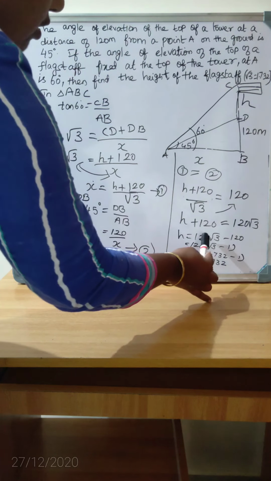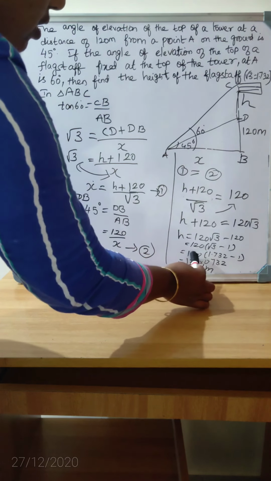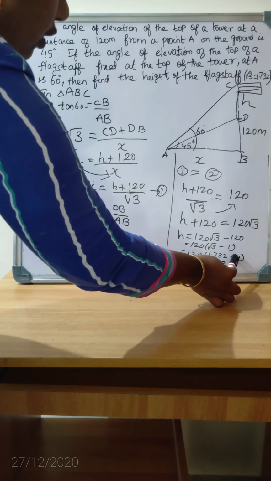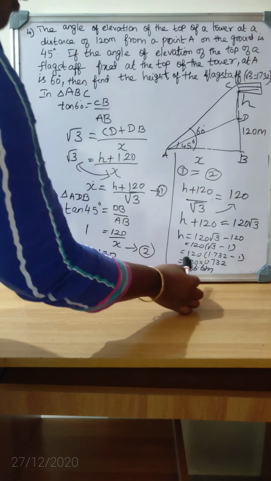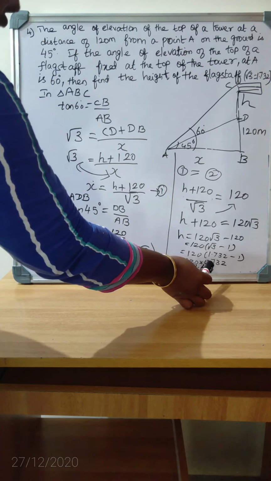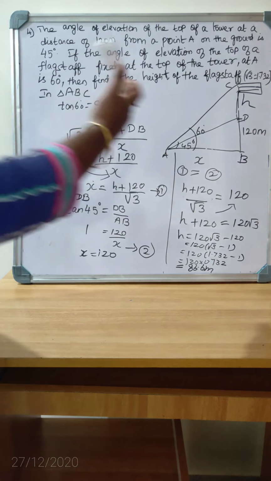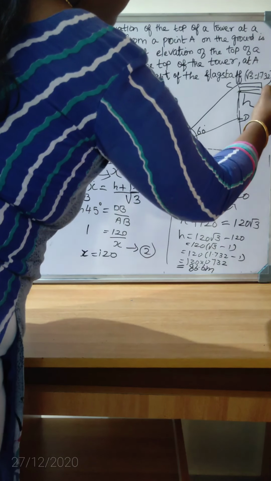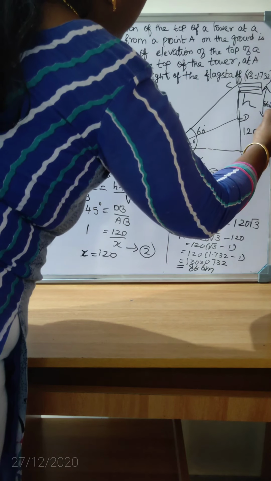So in this I am taking 120 as common, root 3 minus 1. So 120 into 1.732 minus 1. If you subtract, you will get 0.732. When you multiply 120 into 0.732, you will get 86.6 meter. So the height of the flag we got is 86.6 meter.